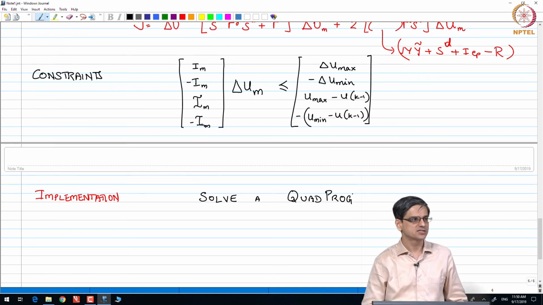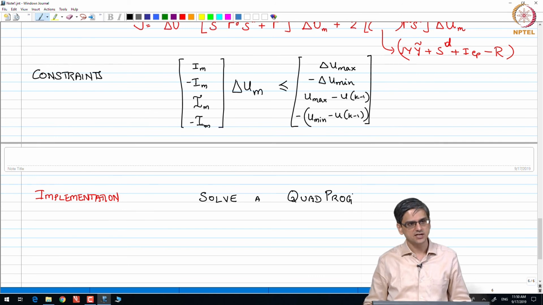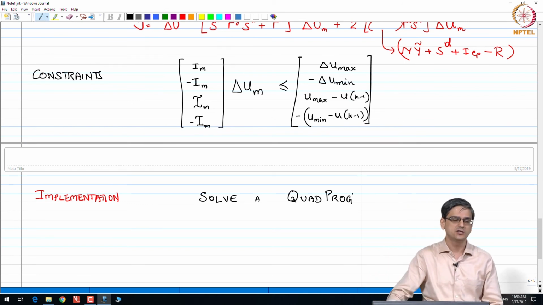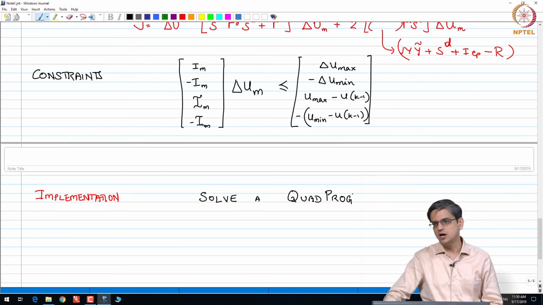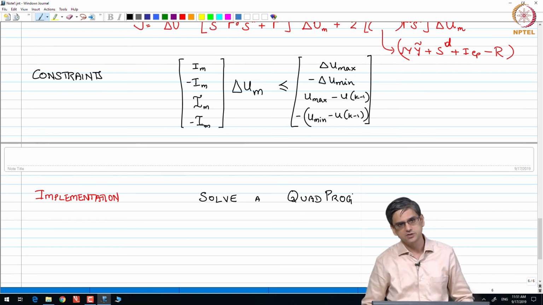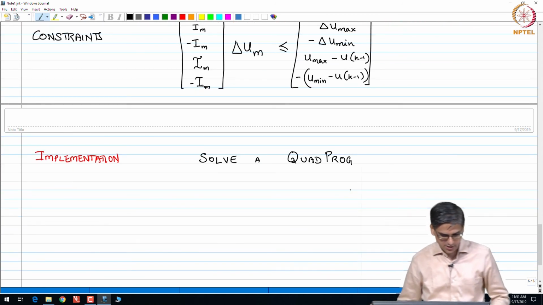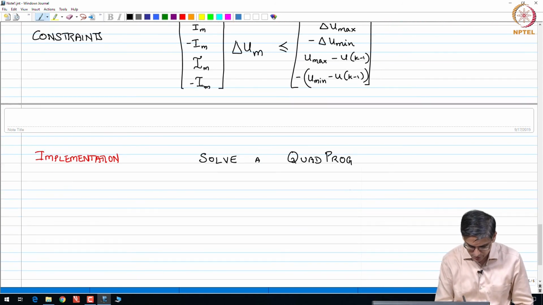As somebody was asking in the previous class, this has a very sparse structure. Because it has a sparse structure, there would be efficient optimization solvers available in the market. You should use those. IPOpt is one example. There are various suites that can do a very good job of quadratic programming problems. After implementing, you need to do the state update.